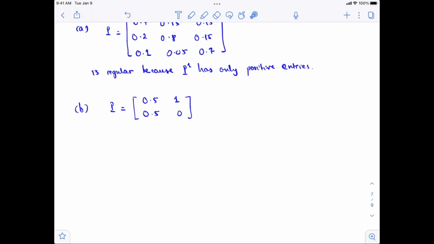But it can still be a regular matrix because P squared equals the following matrix: 0.75, 0.5, 0.25, 0.5, which has only positive entries.